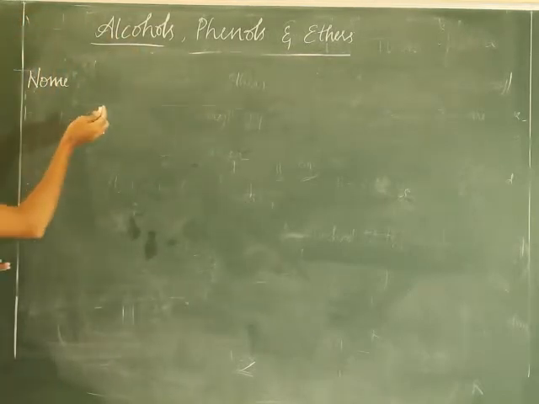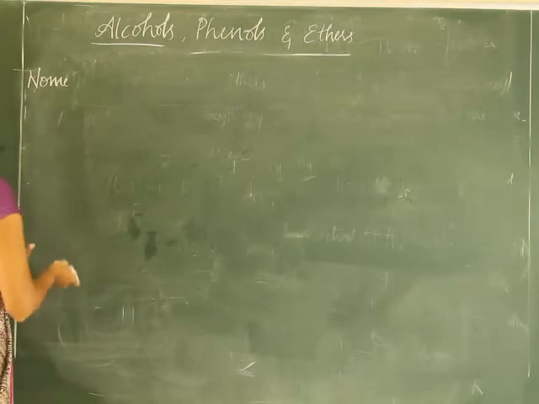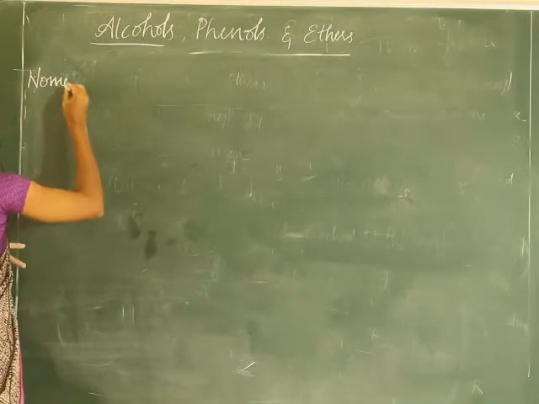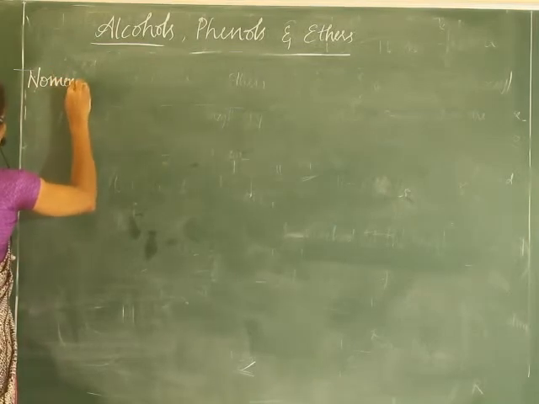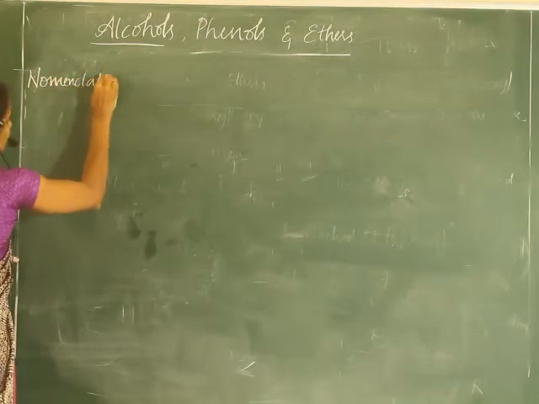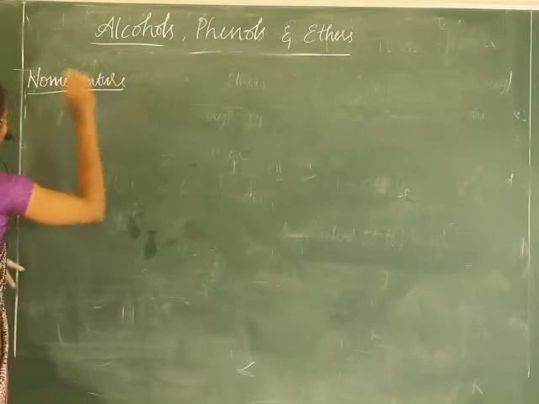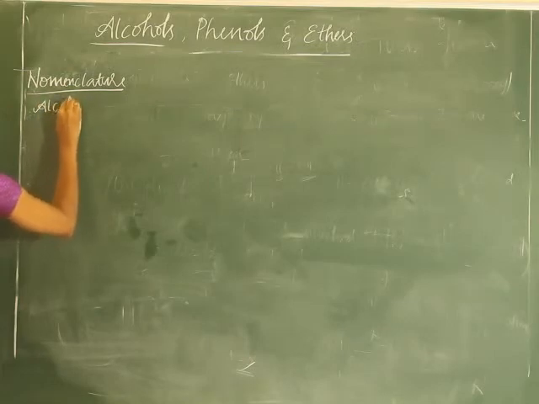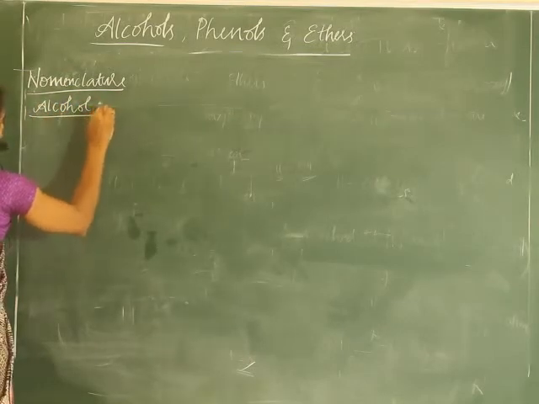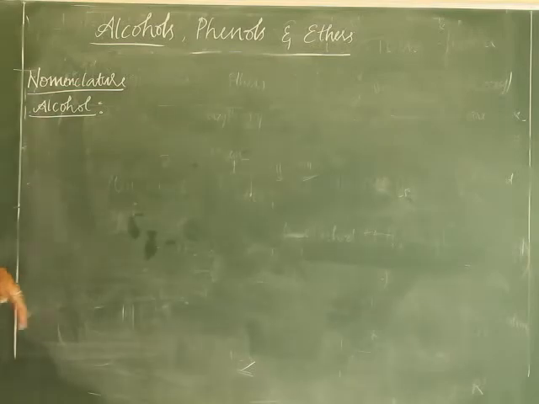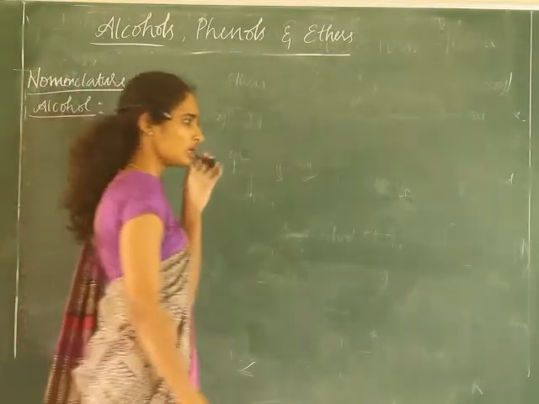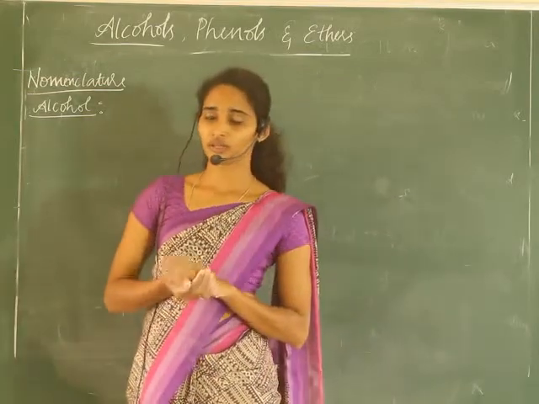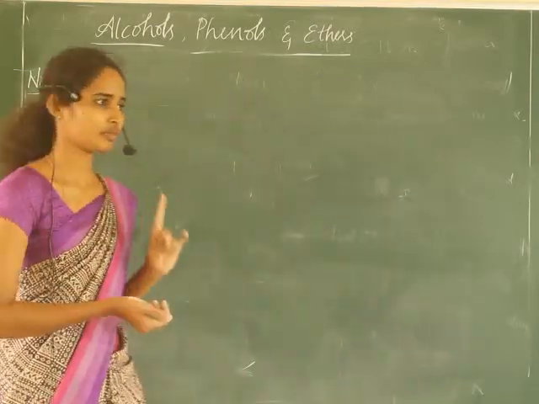You already learned these in your previous classes, in your first PU, and let us discuss in detail. First, we'll see the nomenclature of alcohols, both in the IUPAC system of nomenclature as well as the common system of nomenclature. Remember, the IUPAC system of nomenclature is very, very important.